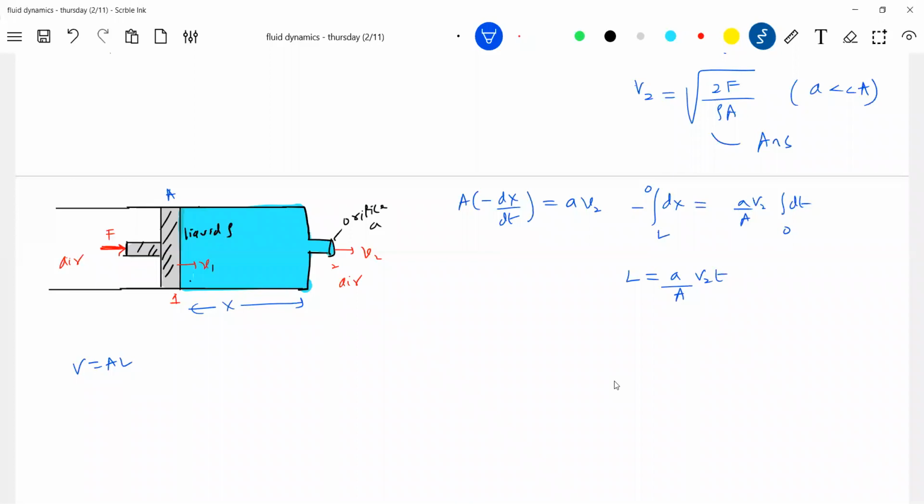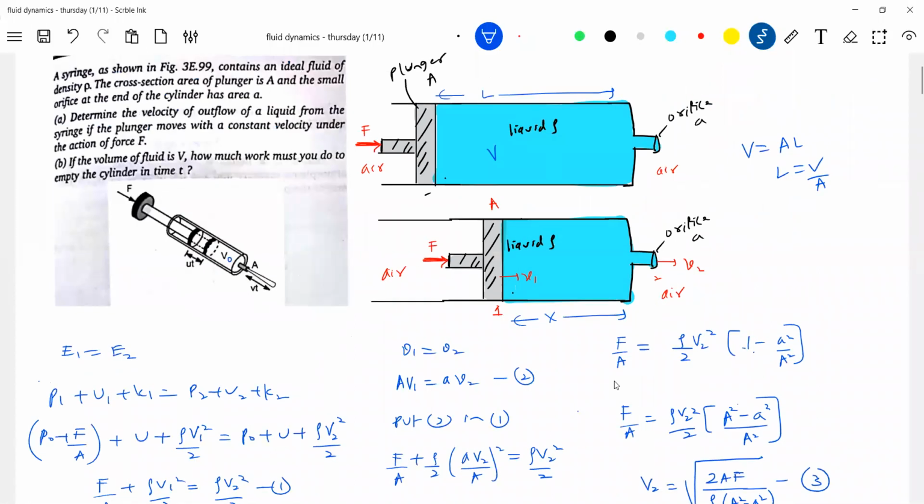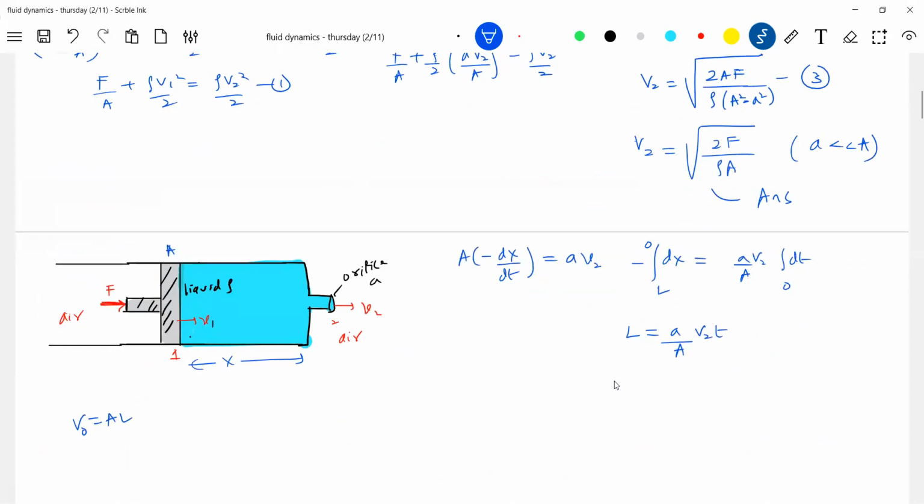Now, what is L? L we can write as V by A. I'll write V naught so that it will be easy for us. I'm changing the symbol so that you'll know it is the initial volume. So this L, I'll write it as V naught by A. Therefore this time T is equal to V naught by a V2. What is V2?